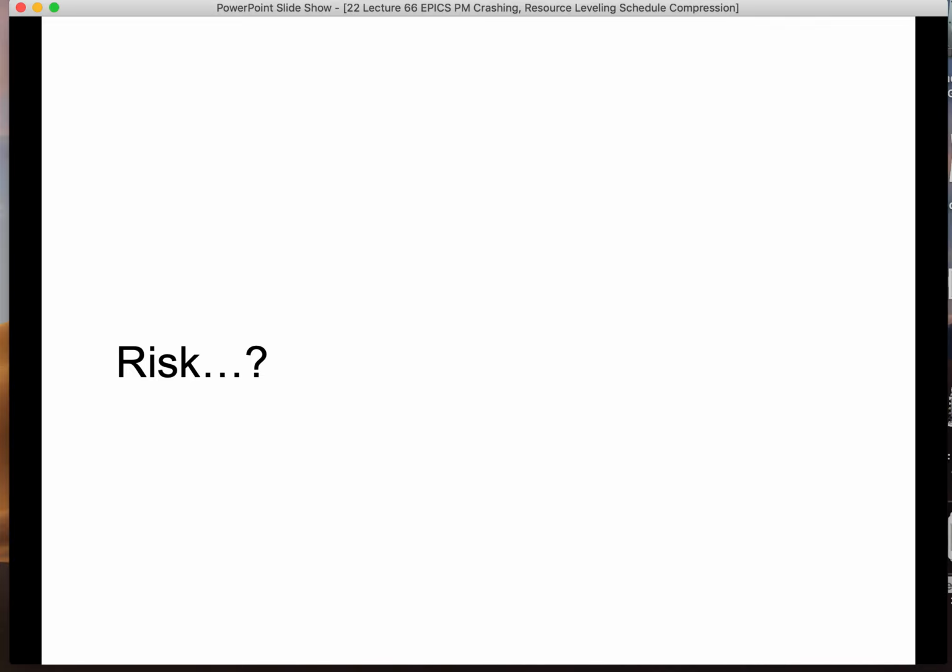And when you start crashing, when you shuffle people, material, and other resources around, then you will create more risk. But you want to understand the risk from a probability and impact perspective. What is the probability of the risk occurring, and what is the impact?